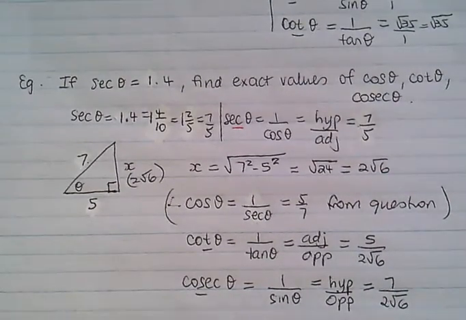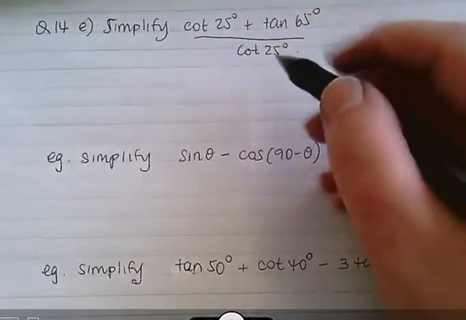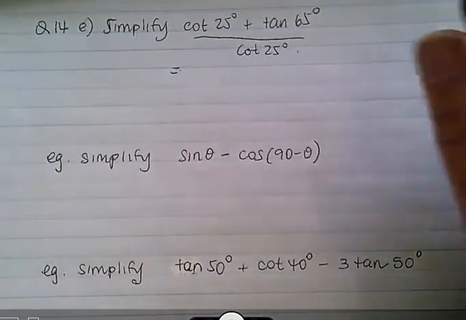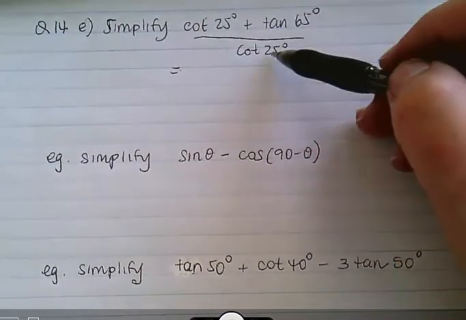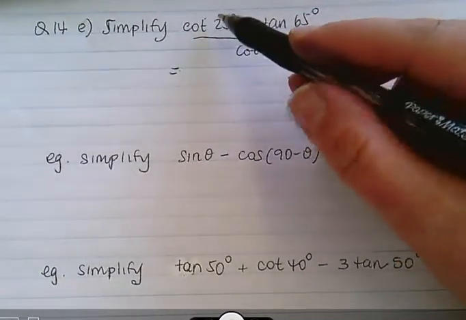Okay? Of complementary ratios to simplify this. Now we know that cot and tan are complementary ratios. So I can decide to make both the cots a tan if I want.